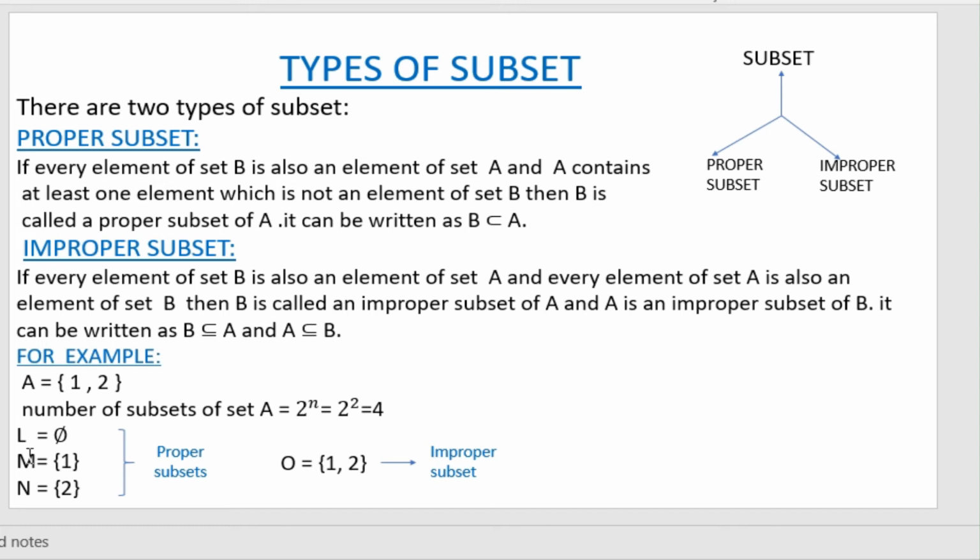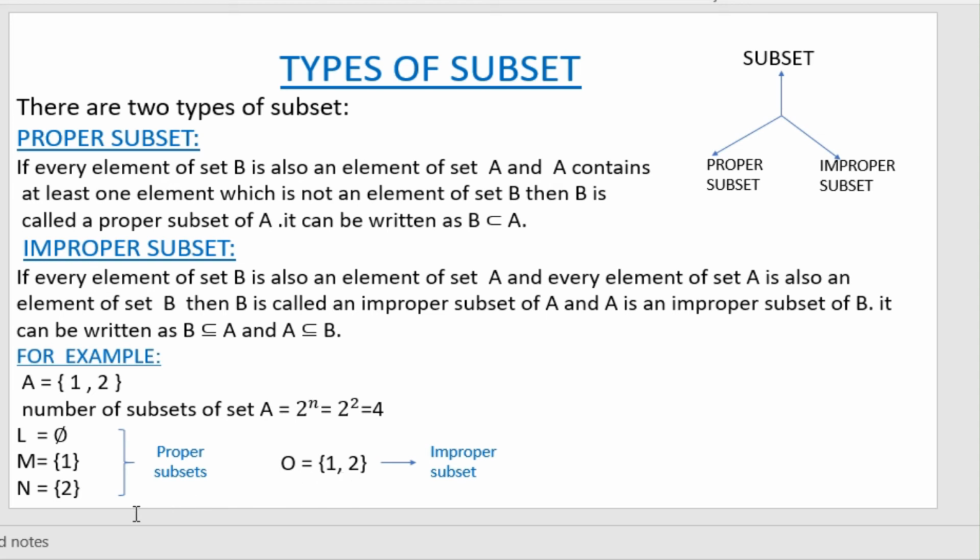The last set, which is a subset of set A, is equal to set A. The elements of this set are equal to the elements of set A, and that is called an improper subset. The other three are proper subsets. Now, out of 4 subsets, there are 3 proper subsets and 1 improper subset.